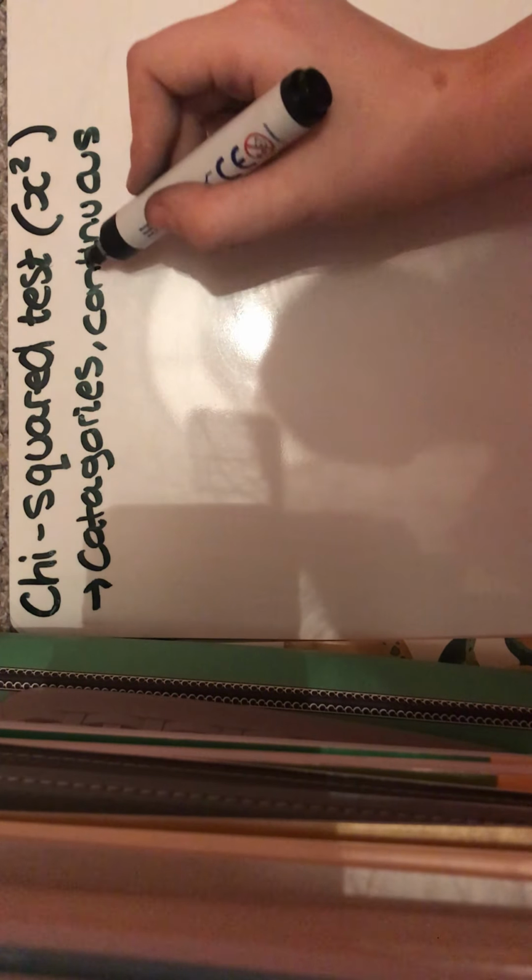Oh, sorry, not continuous, it can't be continuous. So it's got to be in categories. Like earlobes are either attached or not attached. You're either blood group A or blood group B, that kind of thing.